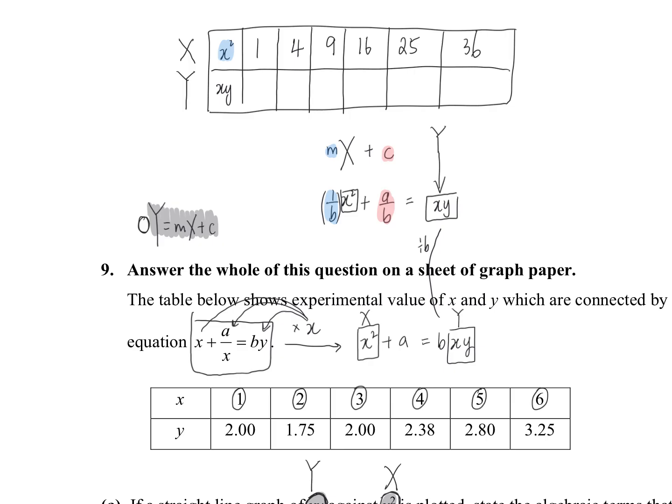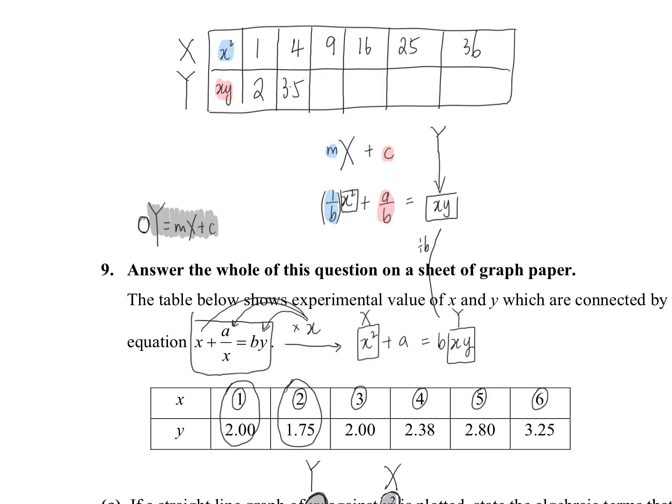Okay, then next one, it's your y value. You want to get the product of these two. So that will be a 2. Okay, if you want, you can keep the decimal point. If you don't want, you can leave it. Then this one will be 2 times 1.75. Which is a 3.5.